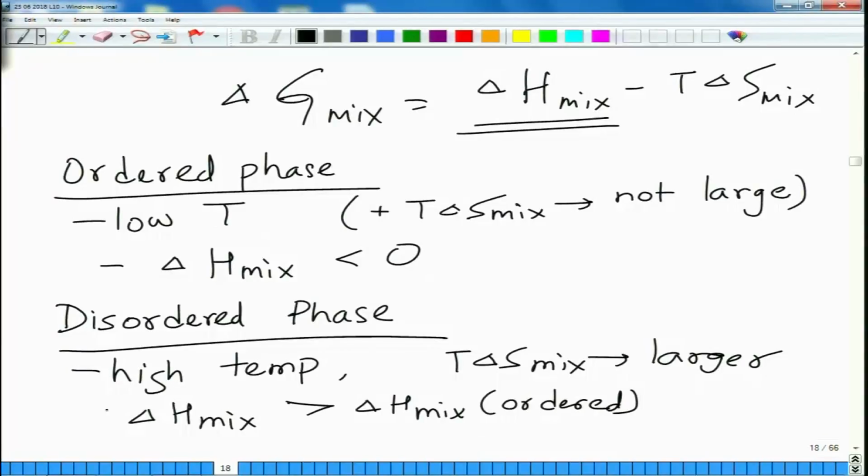So, it generally happens at high temperature. So, it is the competition between delta H mix and T delta S mix terms of two phases which dictates which phase will be stable.